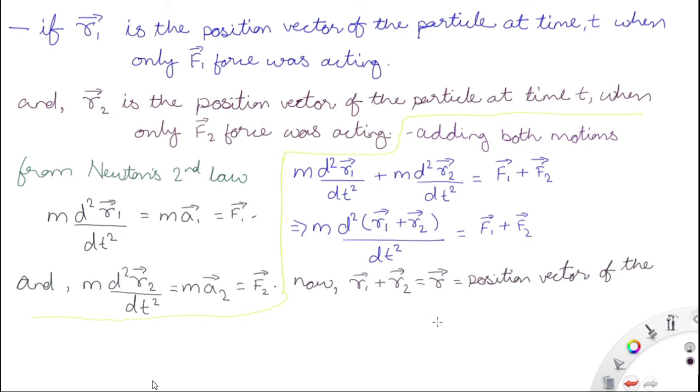Now vector addition, the law of addition of vectors, will give you the position vector of the resultant at time t, because everything is happening at time t.